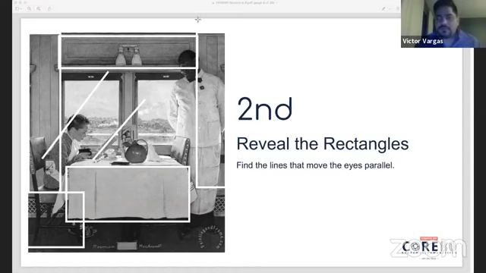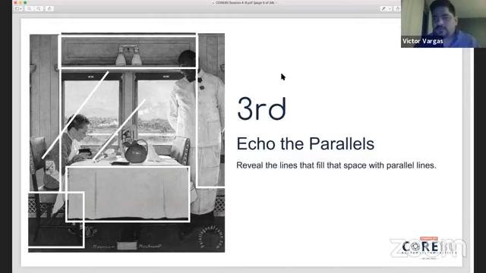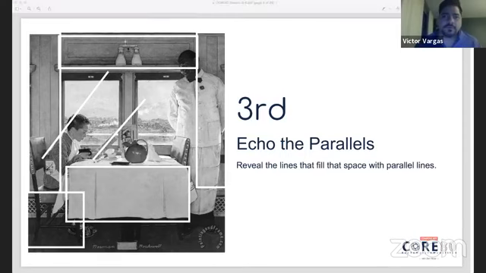Now, once you have that, then you want to basically echo. And I'm going to echo. Okay, so what you want to look for is basically your horizontal lines that are coming through here, okay?